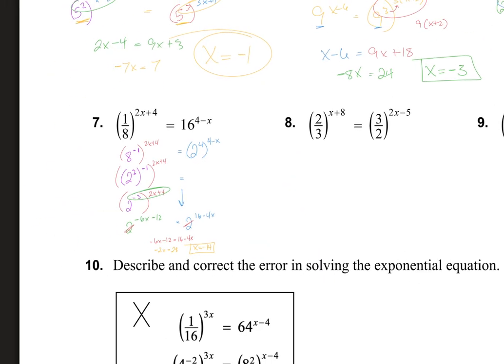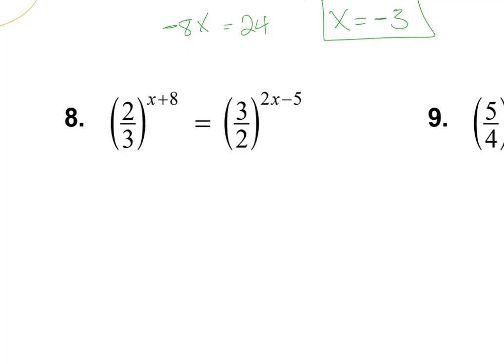Here we go with 2/3 and 3/2. This one might trick you at first, because you think, how am I supposed to make 2 into 3 and 3 into 2? Nothing like that. This left side is done. The right side is now almost done.